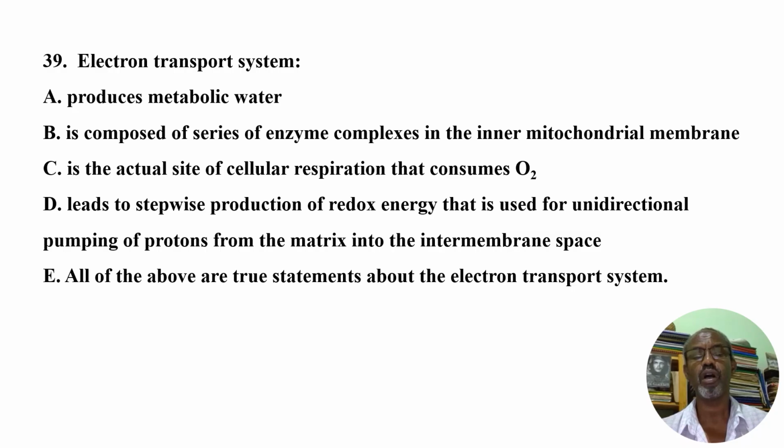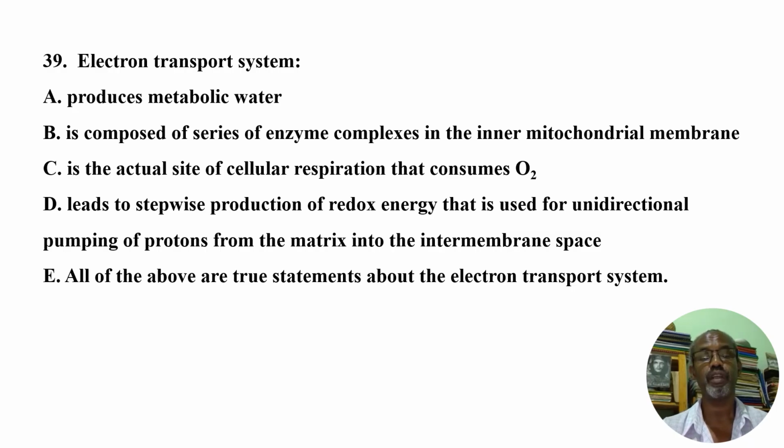Yes. B, is composed of series of enzyme complexes. Yes, complex 1, 2, 3, 4. These are enzyme complexes in the inner mitochondrial membrane, what we call electron transport system. C, is the actual site of cellular respiration that consumes O2. Yes, this is the electron transport system, the place where oxygen is consumed, because the electrons, after they jump downhill, finally the final acceptor is oxygen.